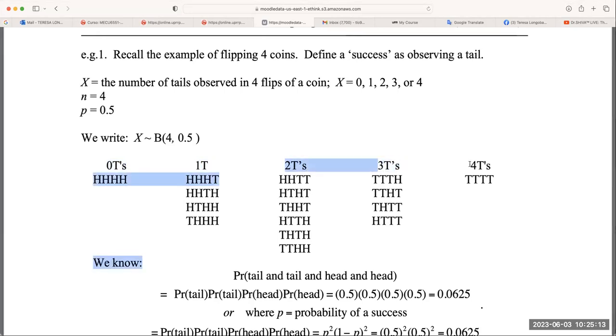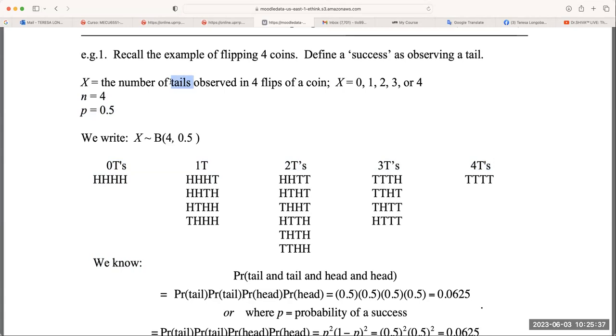So the maximum is 4, the minimum is 0 if I'm flipping coins and I'm looking for the number of tails. We already know we're going to flip 4 times, so that's the number of trials. And the chance of having a success, a tail, on any flip is 50%.